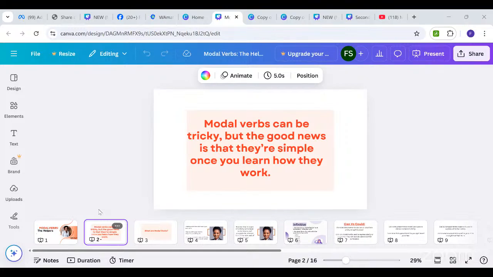A modal verb is just one type of verb, just like we have learned infinitive and gerund. We also have dynamic verb, static verb, transitive verb, intransitive verb, among others. So modal verb is also a type of verb, and they can be very tricky, though they're quite easy to learn.